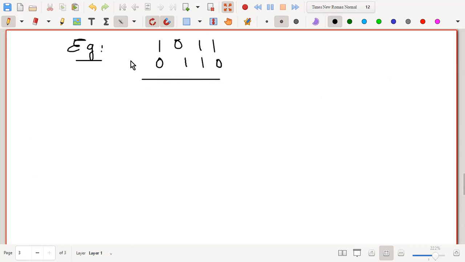So let us say you need to do this subtraction. Here, there is no problem. 1 minus 0, the difference is 1. 1 minus 1, the difference is 0.